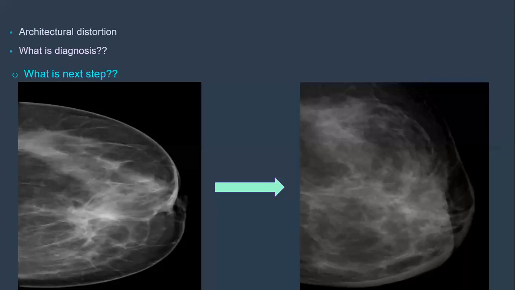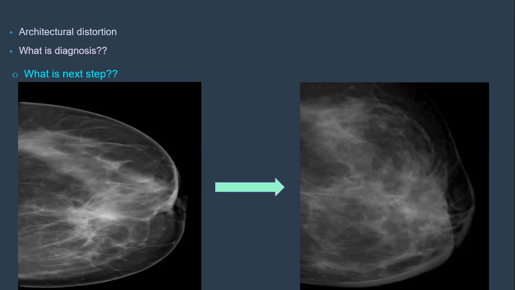What are the new findings? Skin thickening also. More skin thickening and retraction, okay. What else? The density decreased.